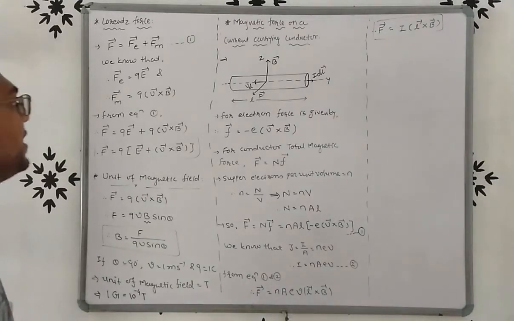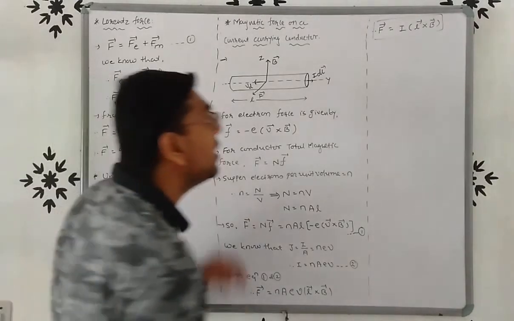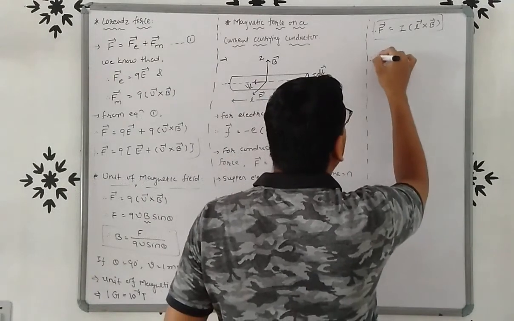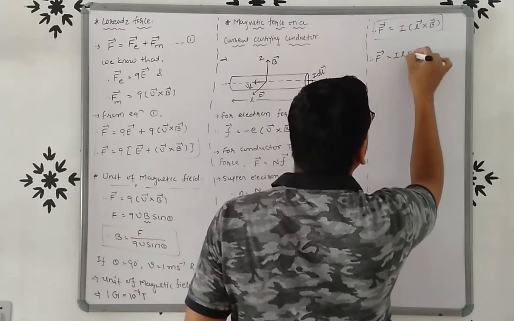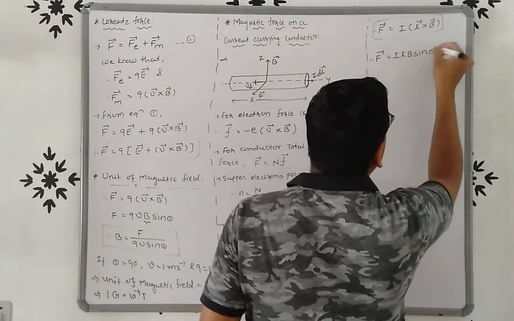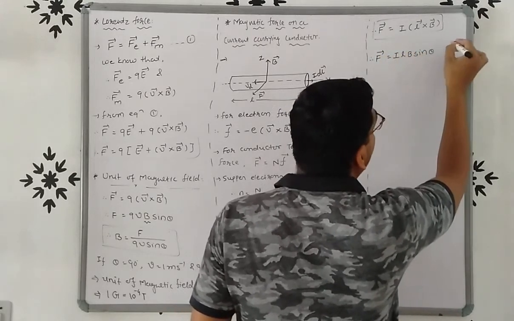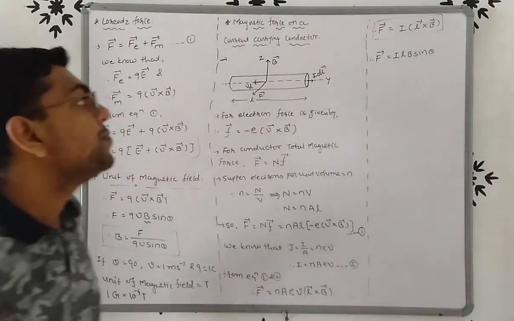But friends, we already know the vector product between two vectors, vector A cross vector B is equal to AB sin theta. So here we can write that the magnitude of F is equal to I L B sin theta, into n cap, that is the direction of force.